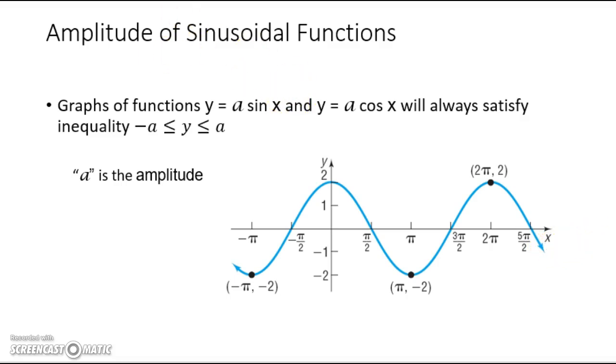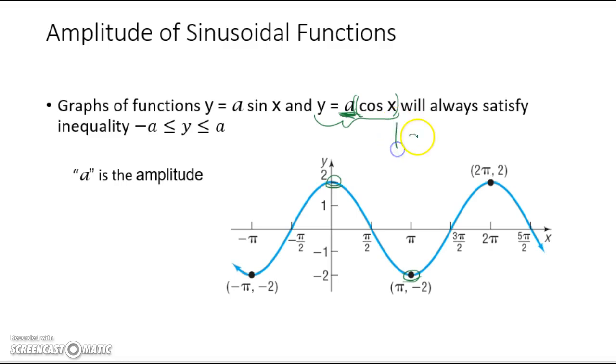So we've already talked about the fact that the coefficient to the entire function, if we have a number in front of the entire function, is going to affect our outputs. If that value is greater than 1, that is going to stretch those outputs, make them higher or make them lower.